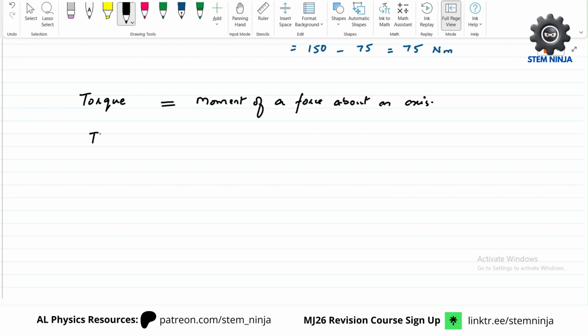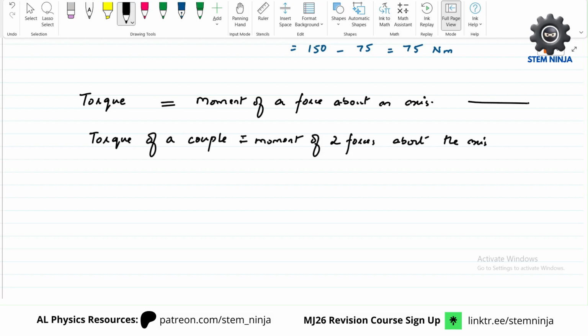So when we say torque of a couple, we are already familiar with a couple, but I will explain it. It basically means the moment of two forces about the axis.